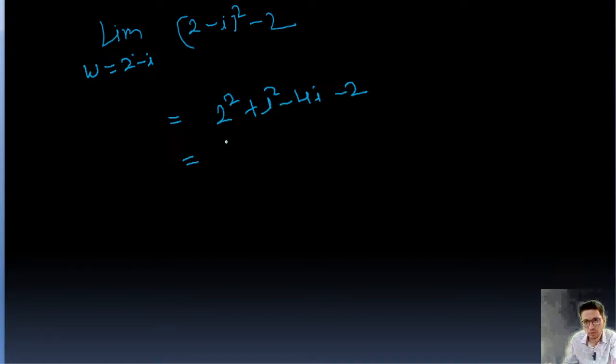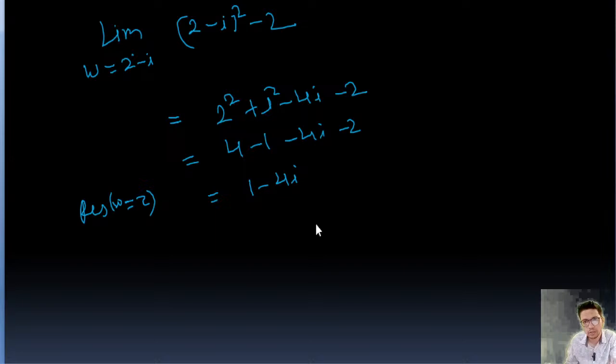So this is going to be 4 minus 1, since I square value is minus 1, minus 4I minus 2. So this value is going to be this minus 3, so this is going to be 1 minus 4I. This is the residue at w equal to z, or w equal to that value, 2 minus I. So this value is 1 minus 4I.